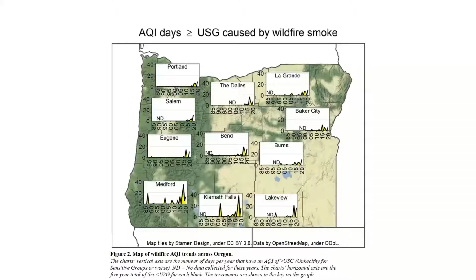Okay, we'll jump quickly into a more specific event in September of last year for wildfire. But overall, this is maybe a little hard to understand. On the left side is 0 to 40 incidences, and it's really highlighted by Medford and Klamath Falls, because they had such a high number of fire incidences over the years that it drives up the scale, but it's still pretty significant if you're looking at, oh man, we had about 10 days over unhealthy for sensitive groups in Portland last year.